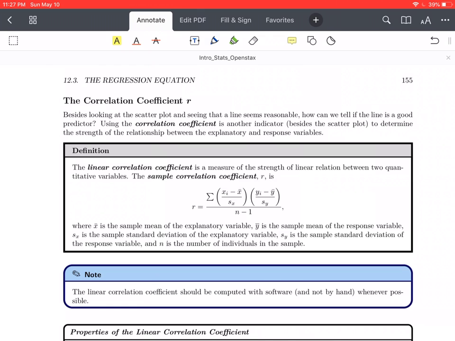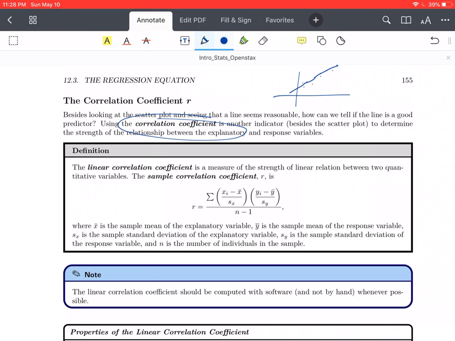So if I have a bunch of data points here, so here's my graph, I have a bunch of data points that all kind of go like this, and I draw my line, and we say, wow, yeah, that line is actually a really good fit for that data set. Well, that would have a very strong correlation coefficient, okay, because the data points are very much linearly related.